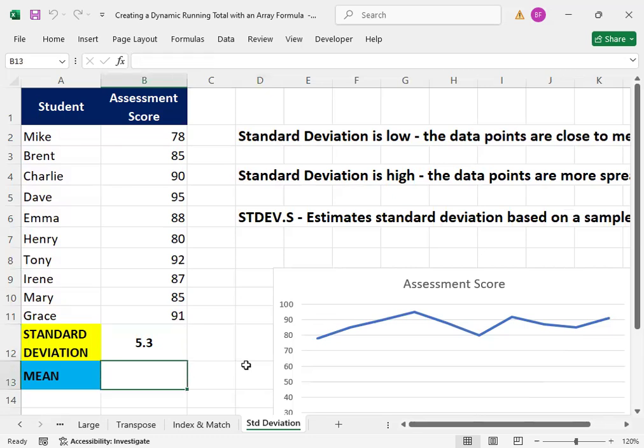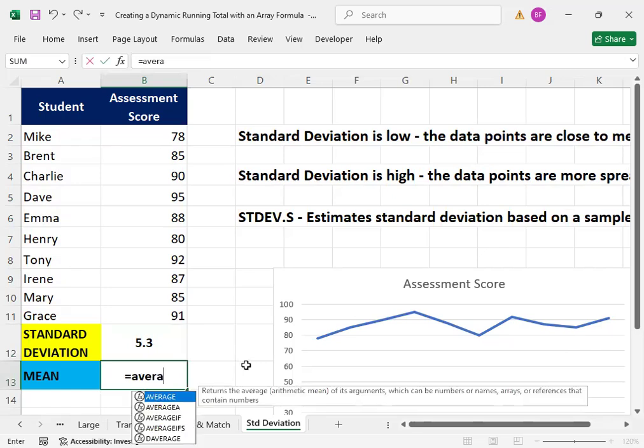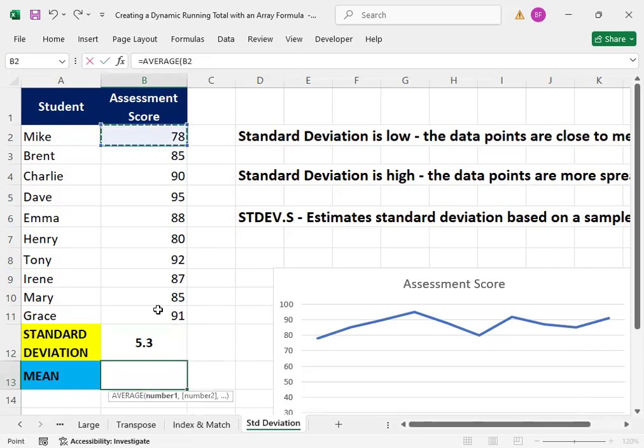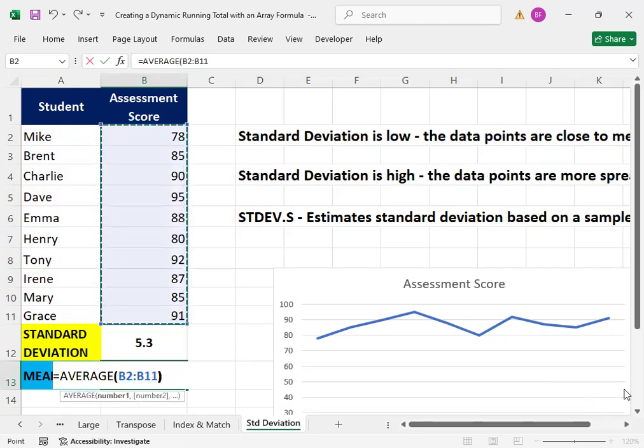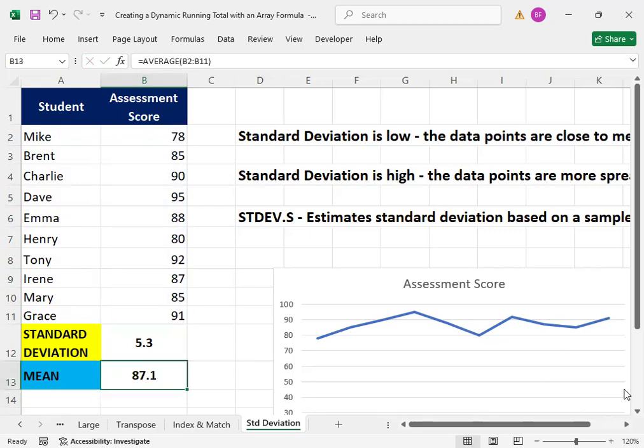So the mean would be this average. Again, we'll select this dataset to get the average, the mean. So the mean is 87.1. So the scores vary by 5.3 points from the mean.